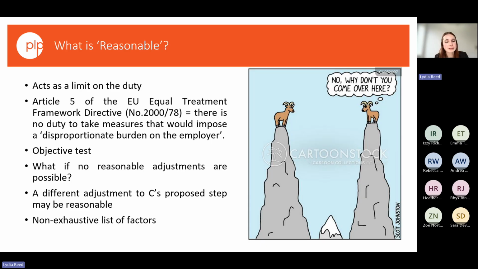That might not be possible, and the tribunal may find that is a reasonable approach, obviously fact dependent and employer dependent.